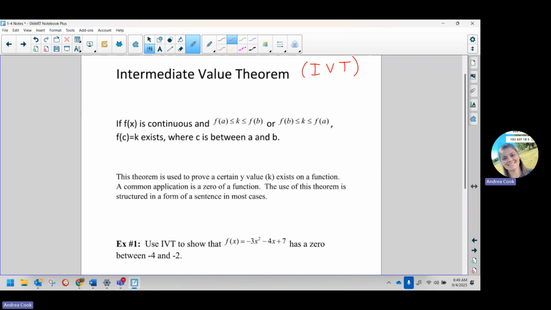If f is continuous and k, which is a number, is between f of a and f of b, so f of a and f of b are y values, okay, so I have some y value that's between two other y values, or it could be flip-flopped, like f of b and f of a switched, then f of c will equal k for some c between a and b.